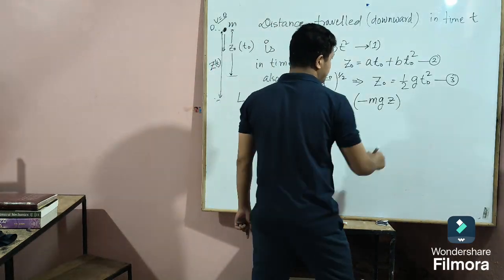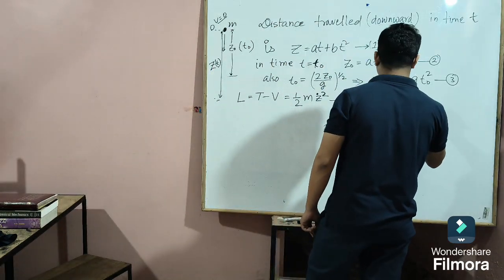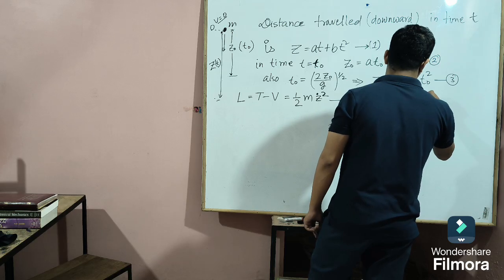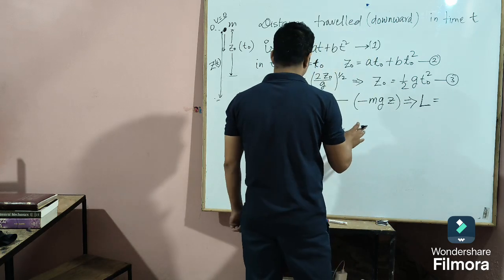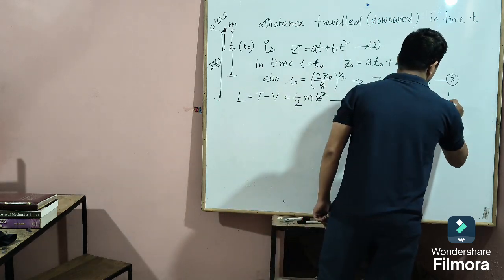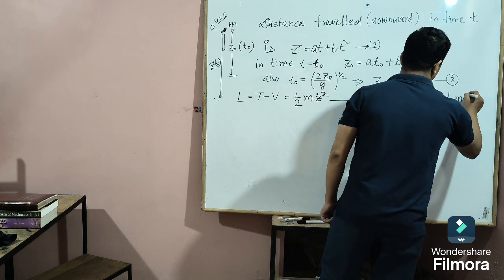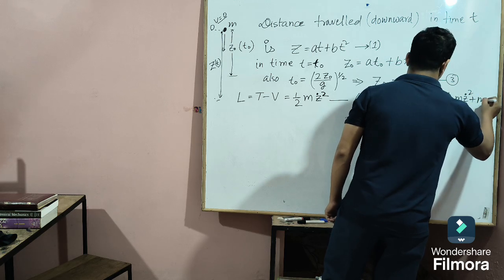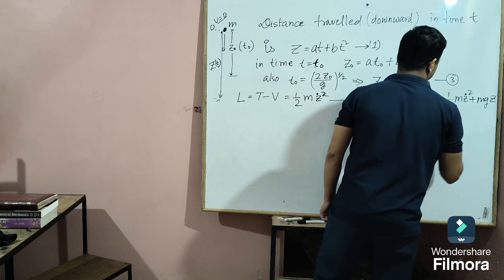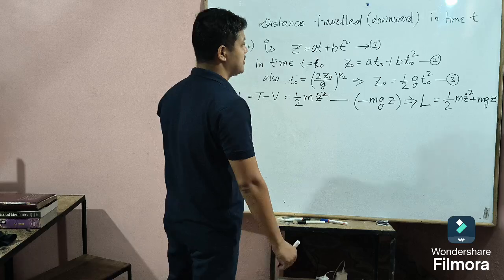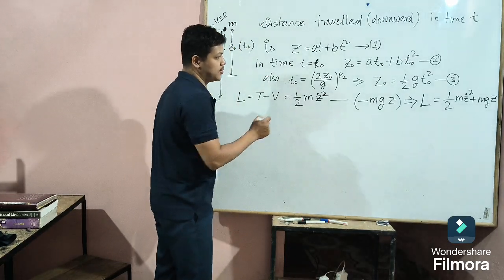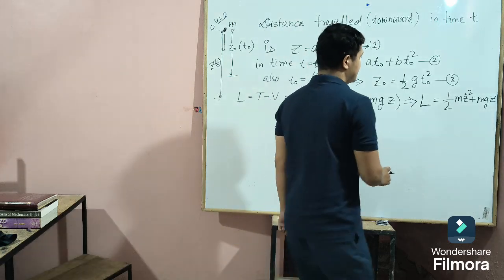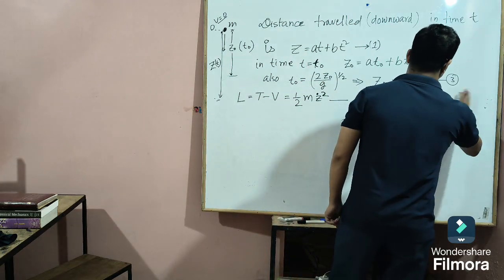Now if you simplify this, then L ends up as half m z dot square plus mgz.